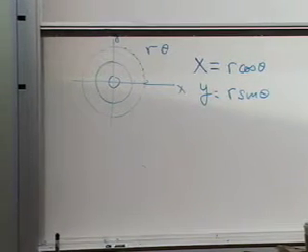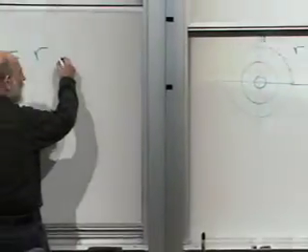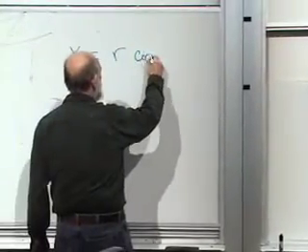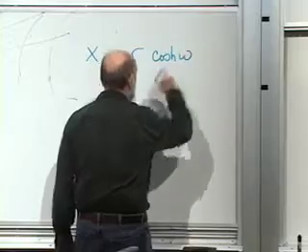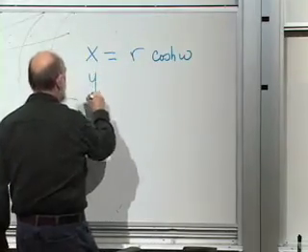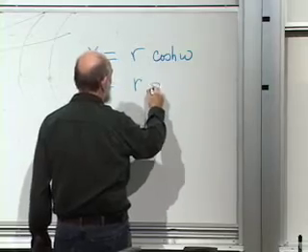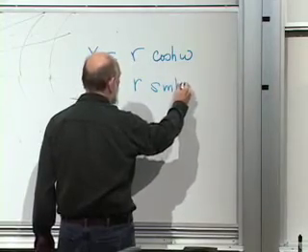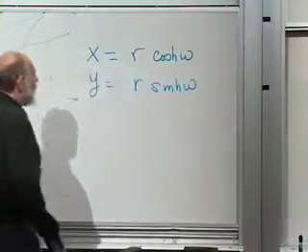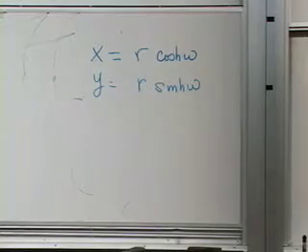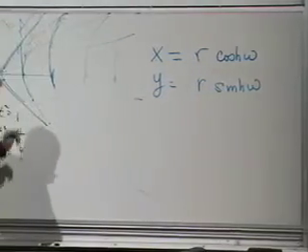I'm going to call it omega, and I'm going to write x equals r cosh omega, and y equals r sinh omega. Omega is the thing which varies along here.